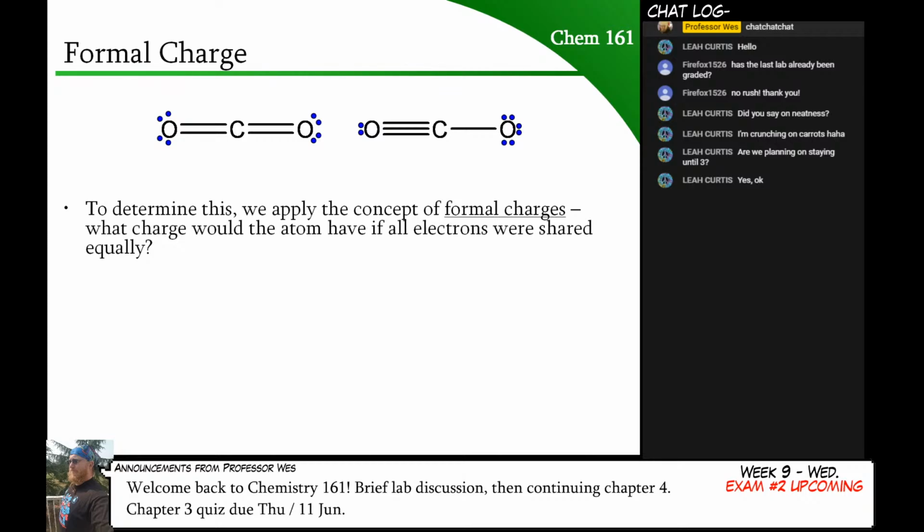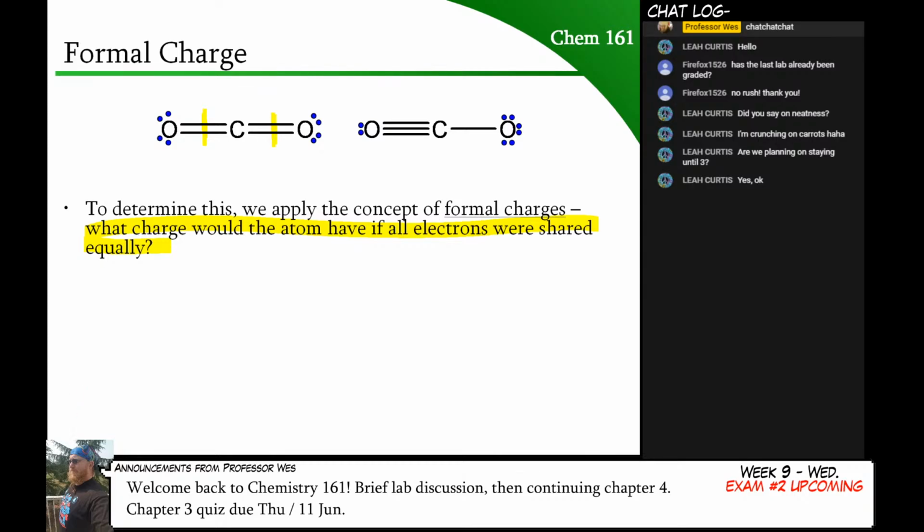To calculate formal charge, we're going to determine the charge on each atom if each of these bonds just gets split down the middle and we divide the electrons equally. So what charge would the atom have if all the electrons were shared equally?